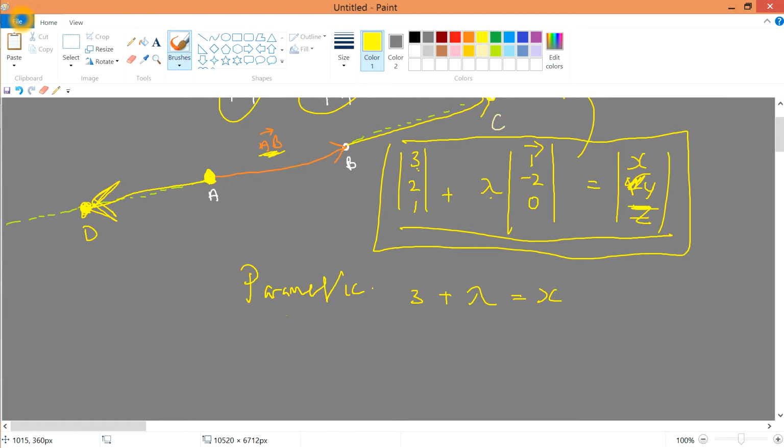So 3 plus lambda equals x. 2 plus minus 2 lambda equals y. And 1 plus lambda times 0 is actually 0, so z equals 1. That's all. This is a parametric equation because it's in terms of 3 lines in this case. This is the form of parametric equations.